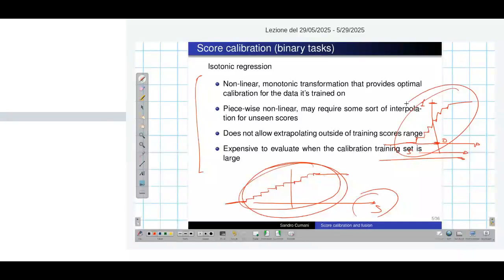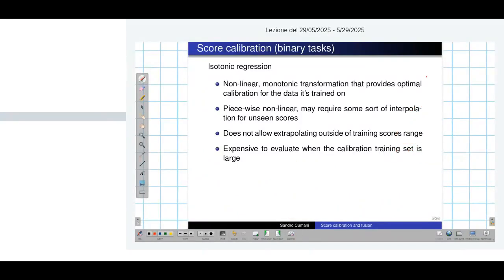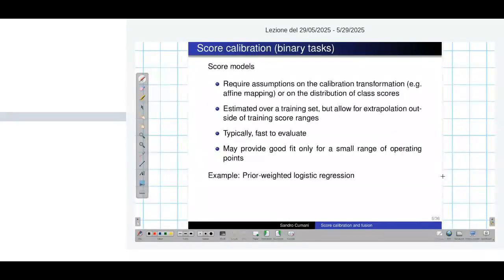We will not see how to do it because in practice we will not be using this model, but this is just to cite that this model, if you look online, is one possible application, one possible method to map scores to well-calibrated scores. As I said, this is one possibility, but we will not describe it in detail.